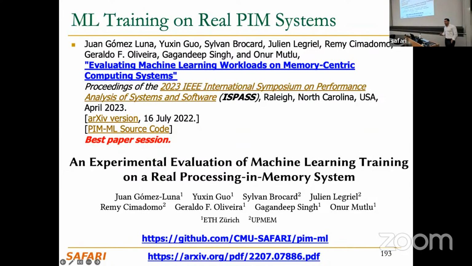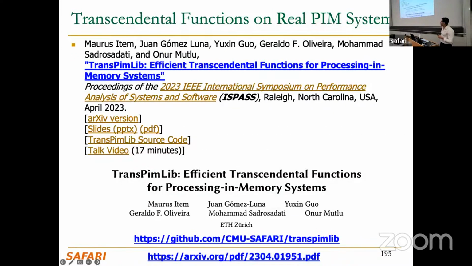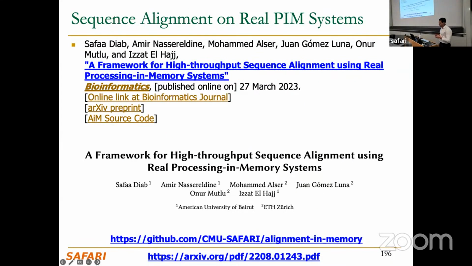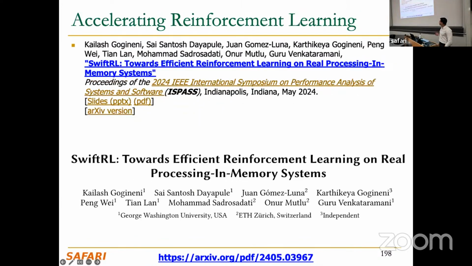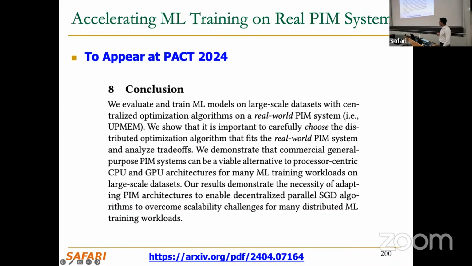So we start by benchmarking the architecture, and then we start moving to more complex operations like classic machine learning training, like executing things like decision trees, k-means, or logistic regression over there, doing sparse matrix multiplication, doing, I'm going to talk a little bit more on these transcendental functions on these chips, sequence alignment, homomorphic encryption, reinforcement learning, and recently we showed this paper, IMPACT, where it does distributed optimization algorithms over there.